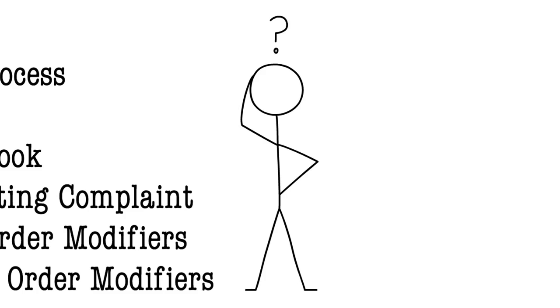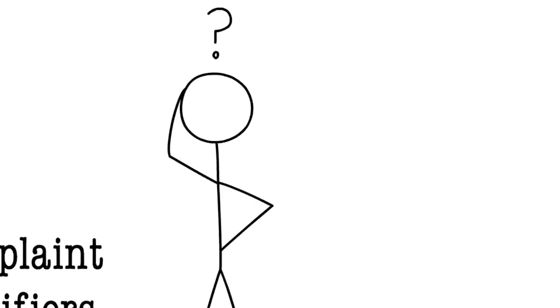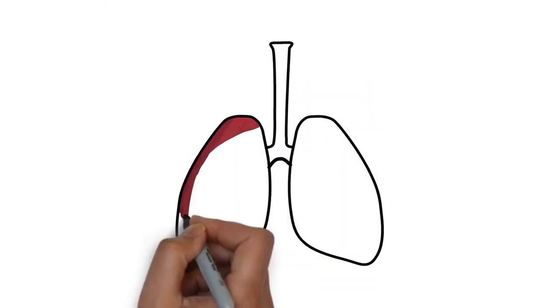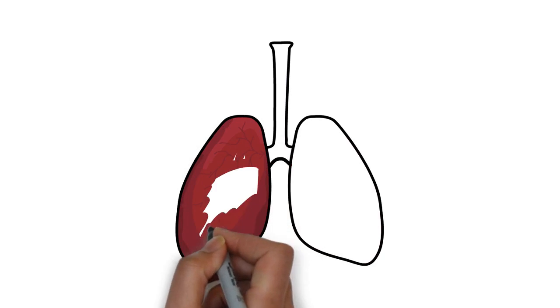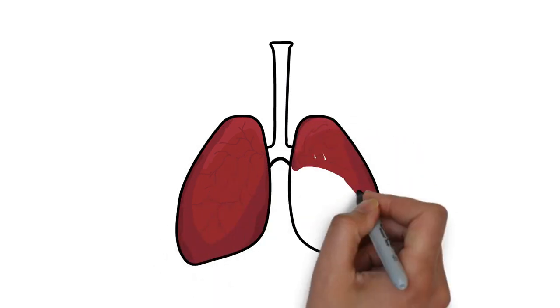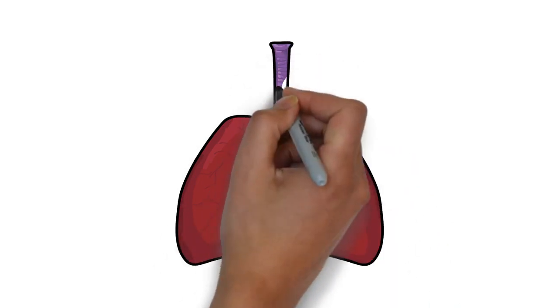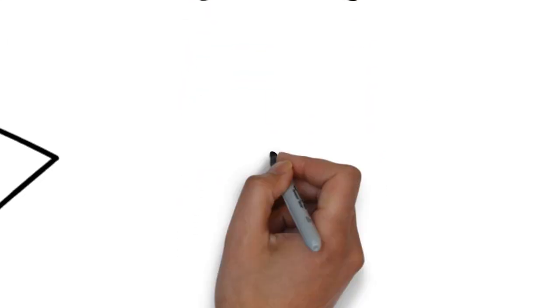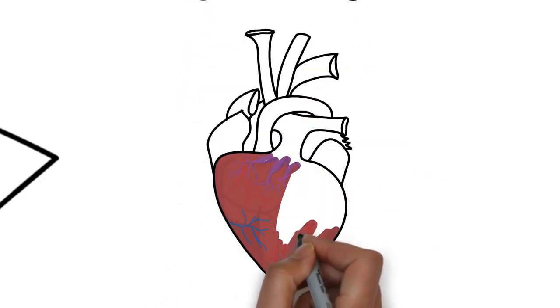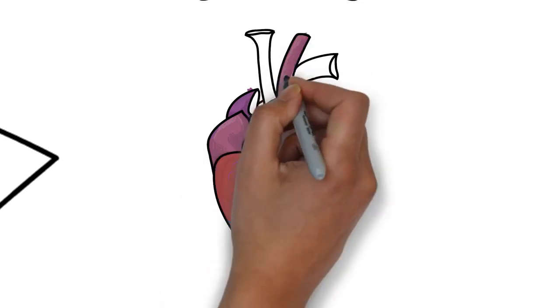In the modifiers, we have two different categories: first order modifiers and second order modifiers. The modifiers are additional physiological and historical information that you apply along with the chief complaint.